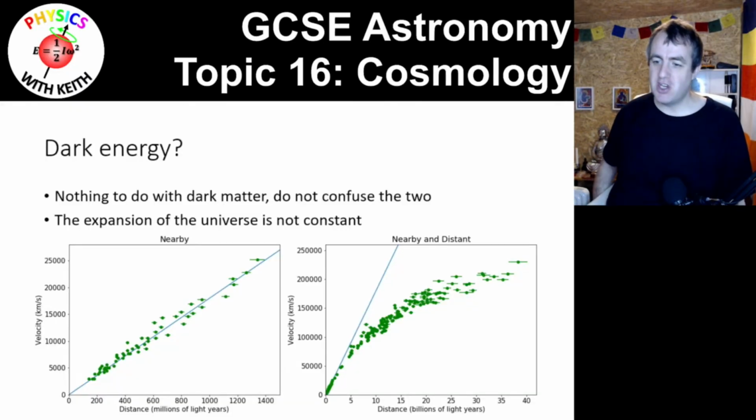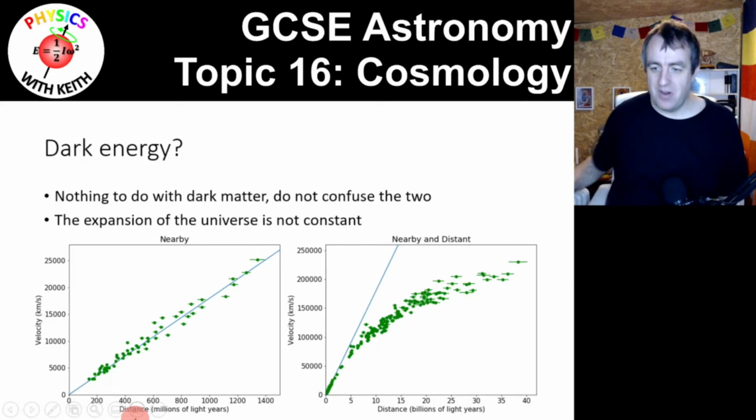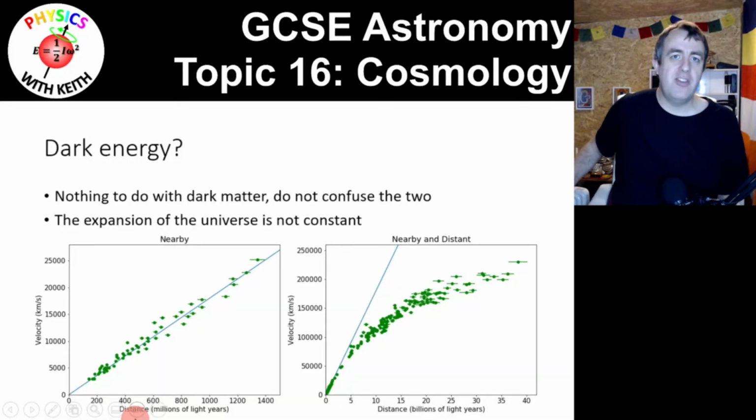The gradient over here, farther back in time, because it's a greater distance, was shallower, on average.